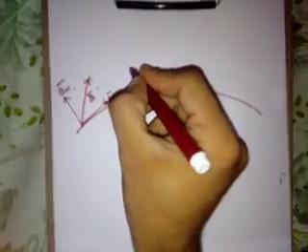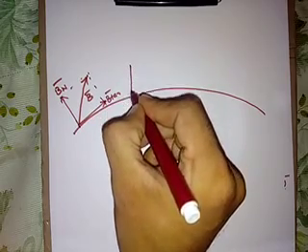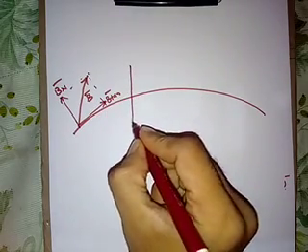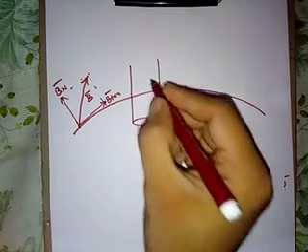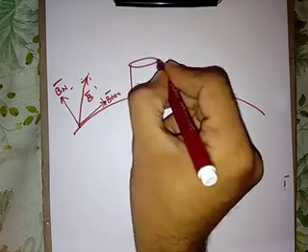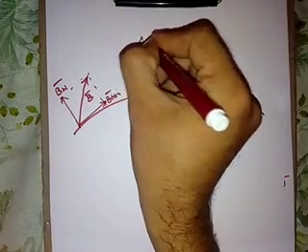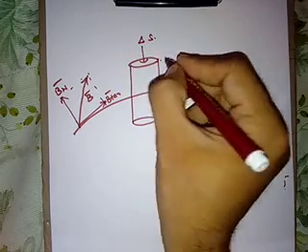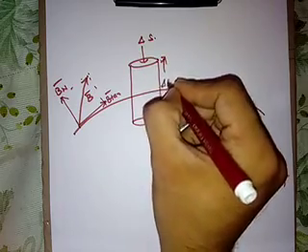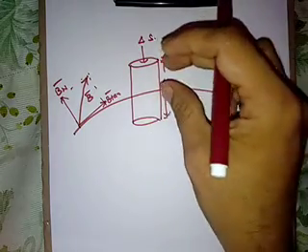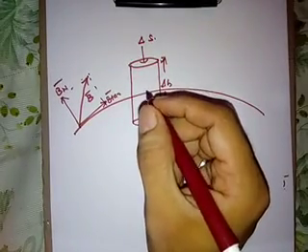And we have the Gaussian surface which obeys Gauss law. Half of it is in medium 1 and half in medium 2. The area is delta S, and the height is delta H. Delta H by 2 is inside medium 1 and delta H by 2 is in medium 2.